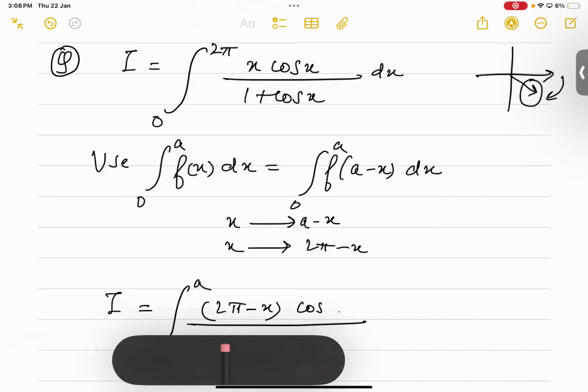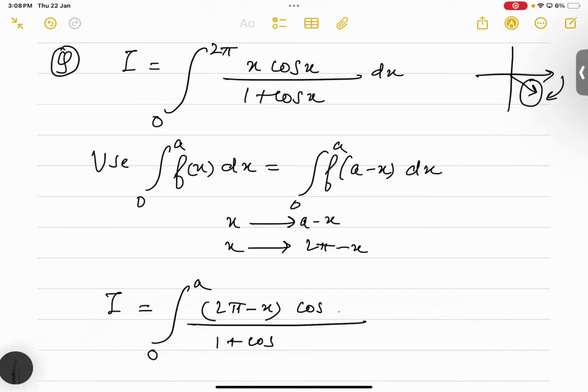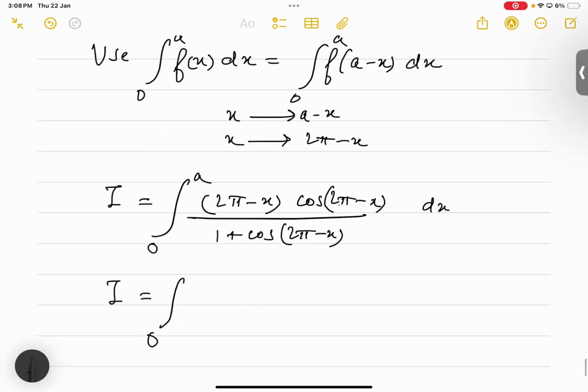Wherever there is x, write 2 pi minus x. What is cos of 2 pi minus x? Cos x.